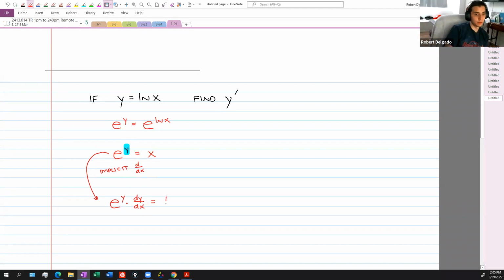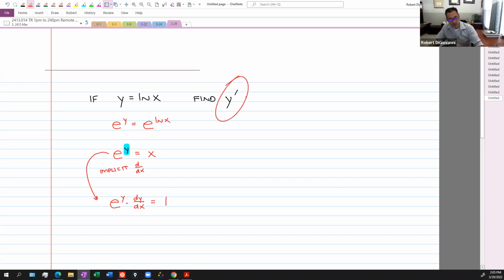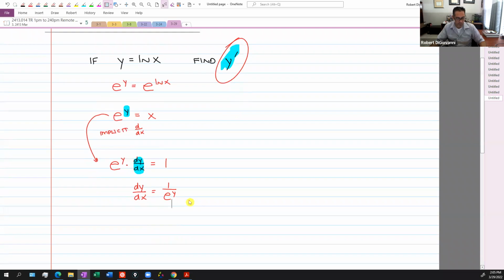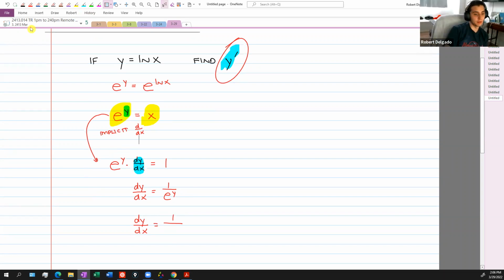1. Okay, so we're trying to find y prime, so that means I'm trying to get this thing by itself. So I'm going to divide both sides by e to the y. You okay with that? We're almost there. dy dx equals 1 over, what did we say e to the y was? x.